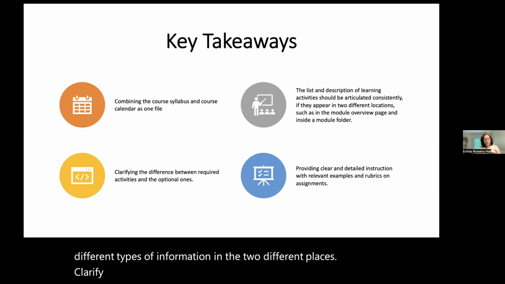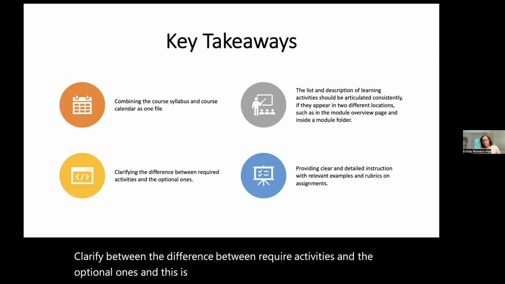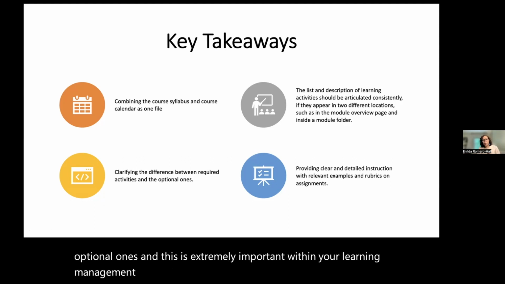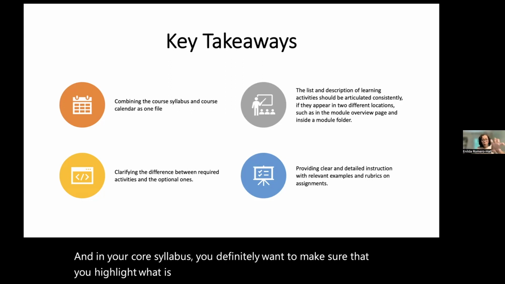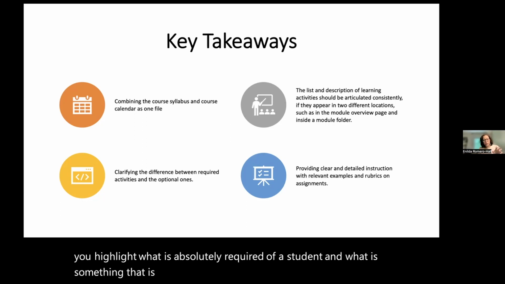Clarify the difference between required activities and the optional ones. And this is extremely important within your learning management system. And in your course syllabus, you definitely want to make sure that you highlight what is absolutely required of a student and what is something that is optional for them.